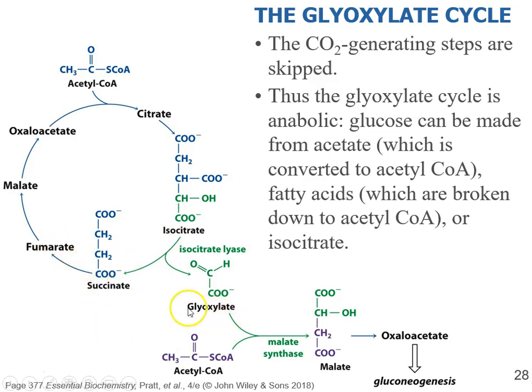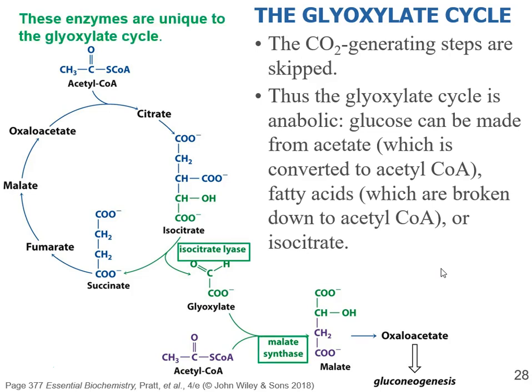If we have glyoxylate, then if we bring in a second molecule of acetyl-CoA and we have the enzyme malate synthase, we can synthesize malate, and then we have OAA, and then OAA can enter gluconeogenesis. So what we've done here is we've taken 2 molecules of acetyl-CoA and combined those 2 carbons to form OAA, instead of oxidizing the carbons to CO2, which is what you do in the citric acid cycle.